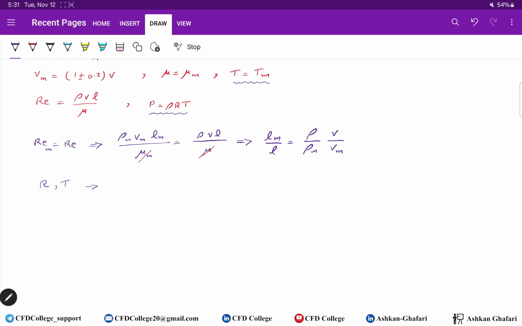We know that R, the gas constant, and T are the same for both. As you know, P equals rho R T. It means that P over rho equals R T. So P over rho is constant because T and R are constants.